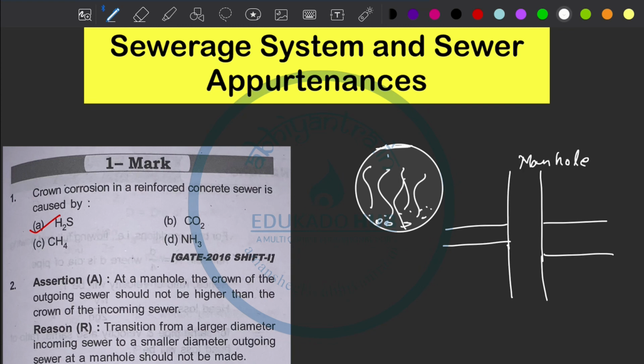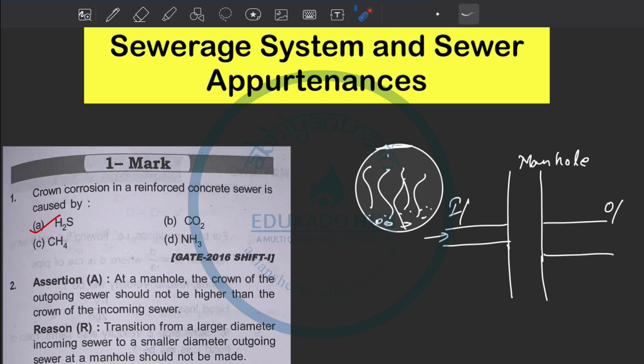So they are saying that the crown of the outgoing should not be higher than the crown of the incoming sewer. That means incoming should not be lower than outgoing. This is what they are saying in the assertion.